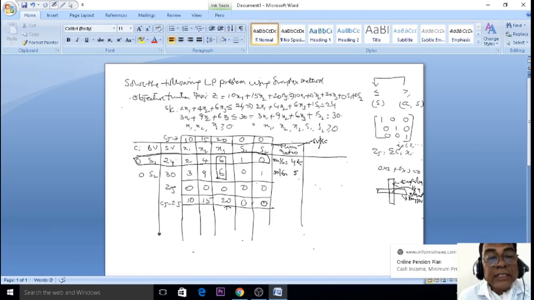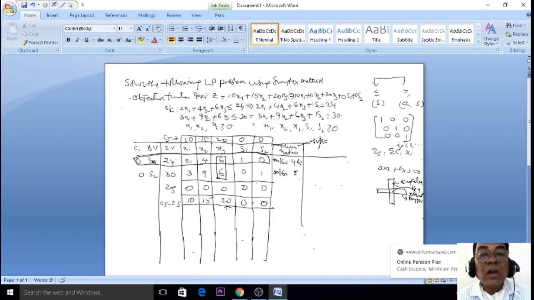You have to change the values in the key row and key column first. That is a very important point. First you see this key row and key column intersecting here at the key element. This is 6. Key row: remove 0 S1 because this is the intersecting value.